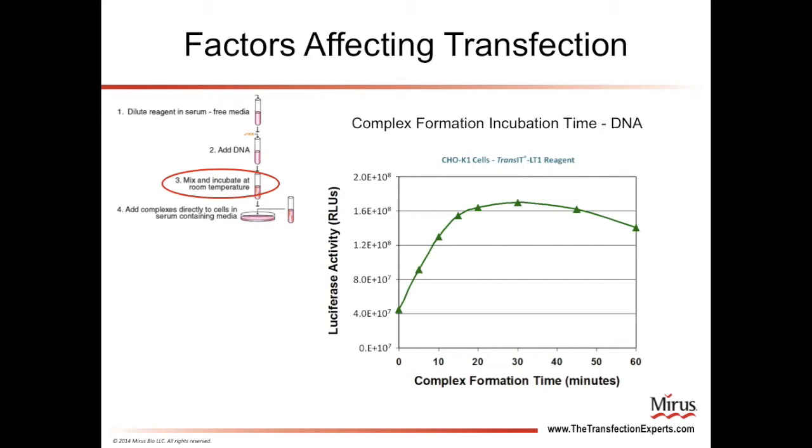Before the 15-minute time point, the complexes are too small for this cell type, and beyond the 30 minutes, the complexes are likely too large, and you start to see the efficiency begin to drop off. This is one of the main reasons that you want to prepare your transfection complexes fresh with every experiment.